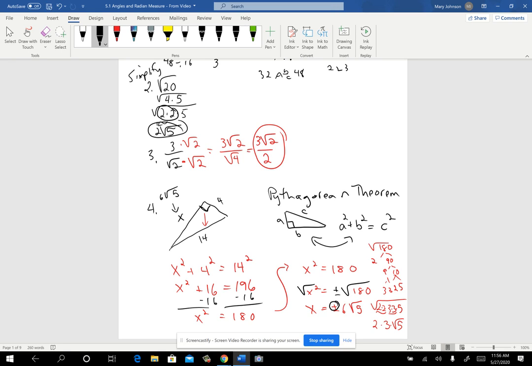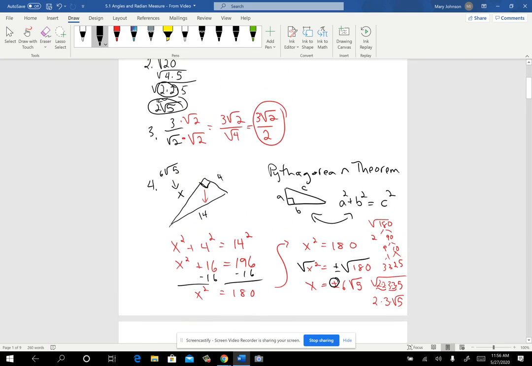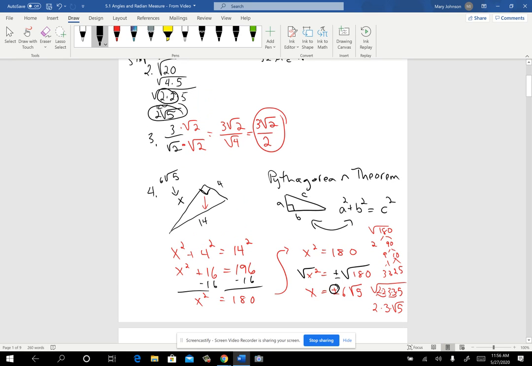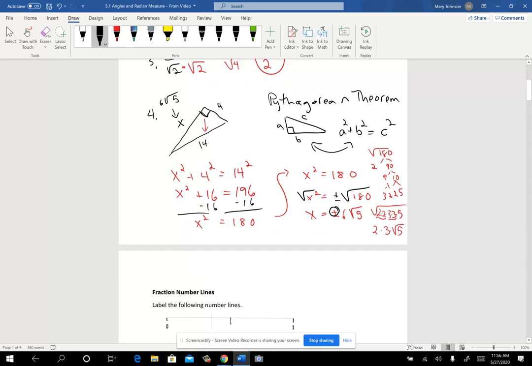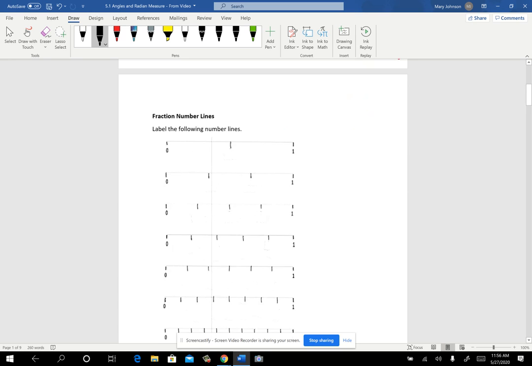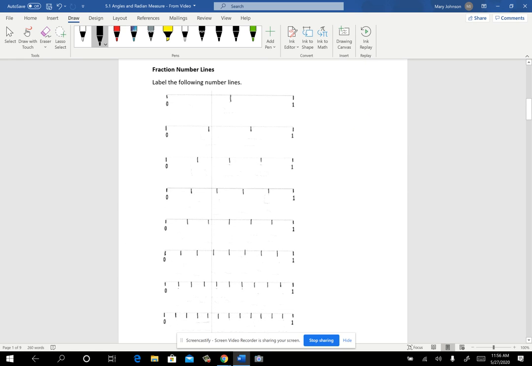All right, so I'm going to do just a little bit more with fractions. Just want to do one more thing with fractions that kind of sets us up for what we're going to handle next. Okay, so I wanted to look at how to make sense of fractions.